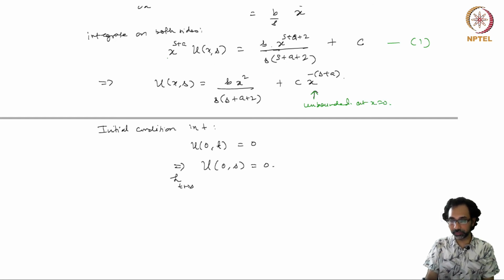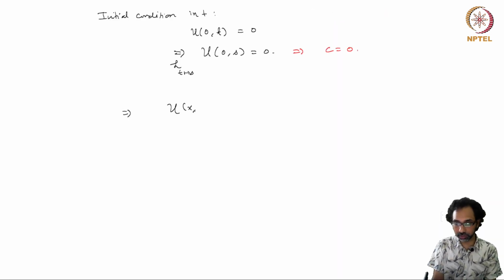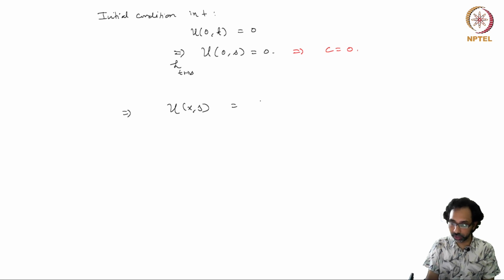So I'm going to plug in one previous step, where there is no unbounded factor in x. Plugging in x equal to 0 on both sides, we get c equal to 0 because this will be 0 and this will also be 0. Therefore we get U(x,s) equal to bx² over s times (s+a+2).